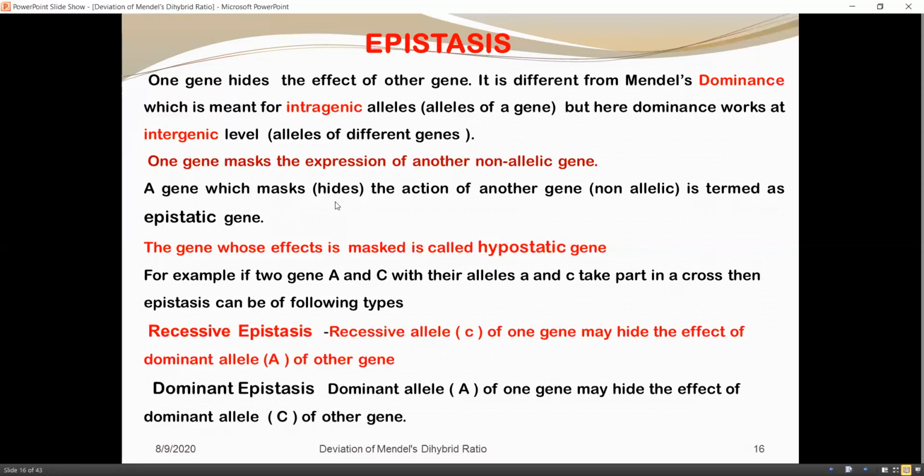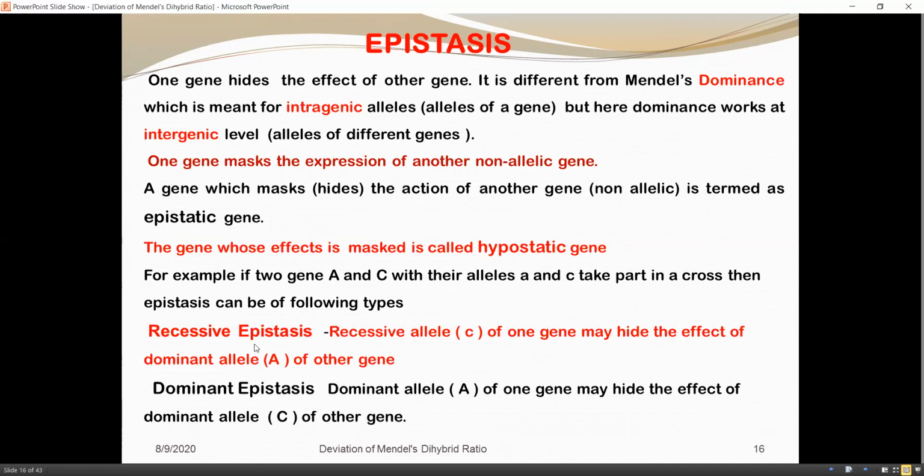A gene which hides the action of another non-allelic gene is termed the epistatic gene. The gene whose effect is masked is called hypostatic. For example, if two genes A and C, with their alleles small a and small c, take part in a cross, then epistasis can be of the following types.